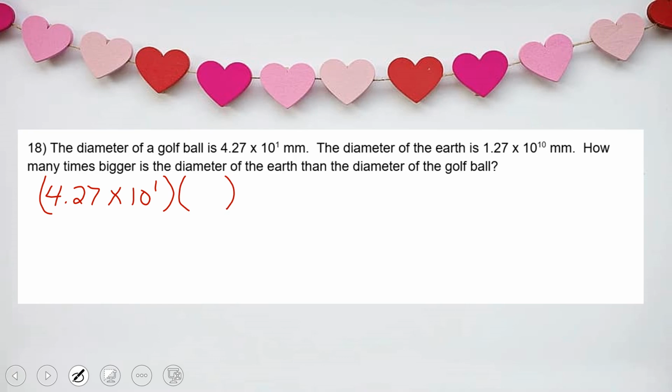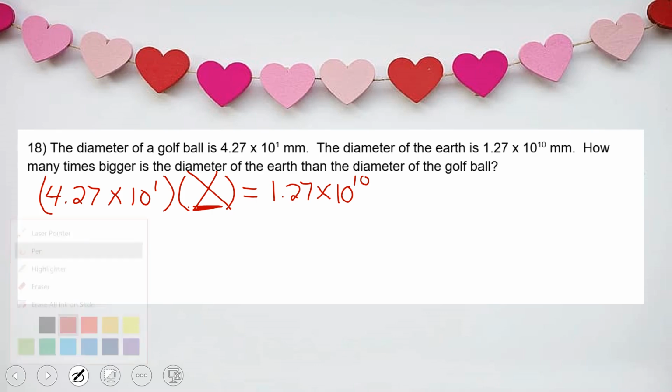Like, what do I need to multiply that golf ball by to get the diameter of the Earth? Now, what you use for this unknown is up to you. I'm going to use a capital X, a bigger X, so that I don't confuse that with my multiplication sign in scientific notation. But you can really use a Y, you can use anything else. But the goal is to get that unknown alone.